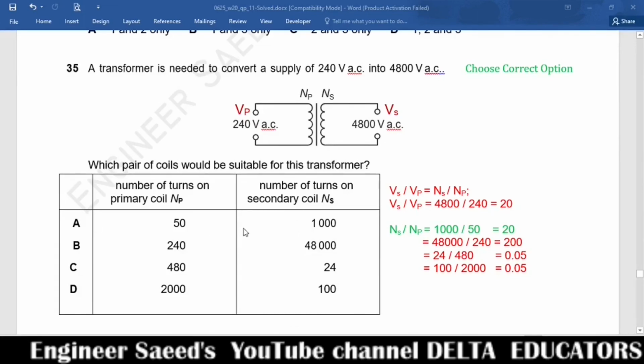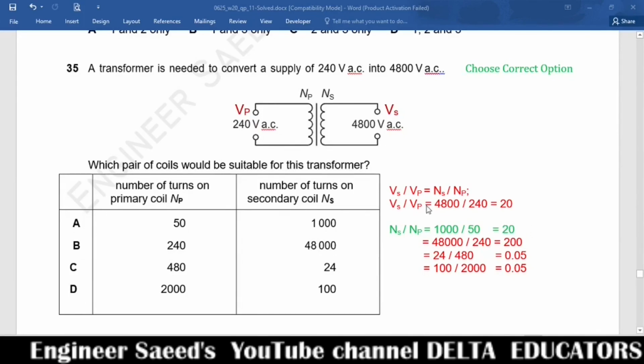Now we will check the options. This is the number of turns on the primary side, this is the number of turns on the secondary side. For option A, the number of turns on the secondary side is 1000, on the primary side it is 50. So when we divide 1000 by 50, we get 20.